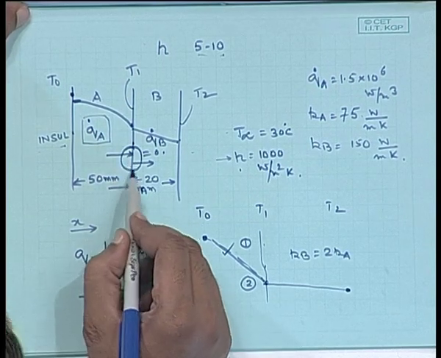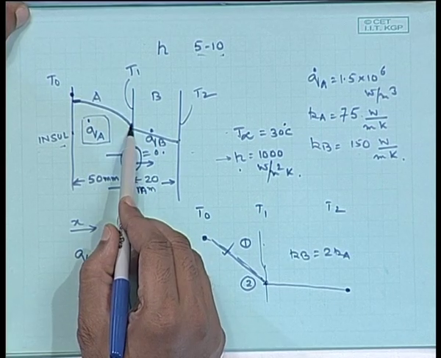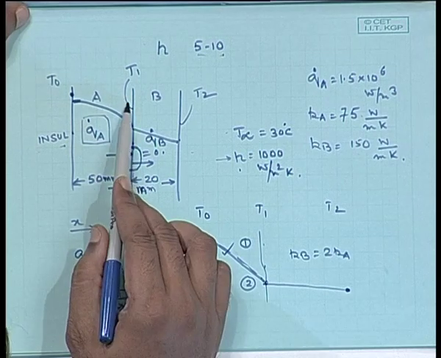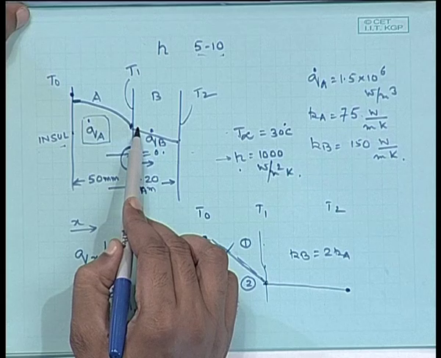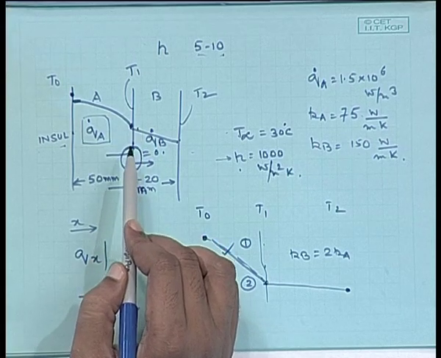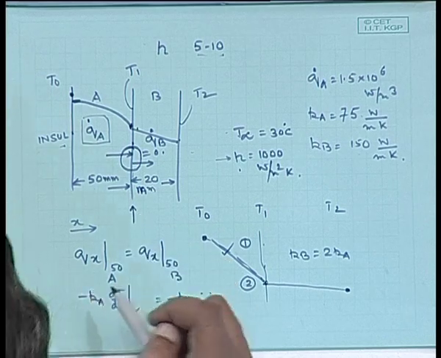So, that is continuity of heat flux, heat rate. You can also use continuity of temperature. That means T on this side should be equal to T on the other side. So, you should also look for continuity of heat flux and continuity of temperature while solving problems.